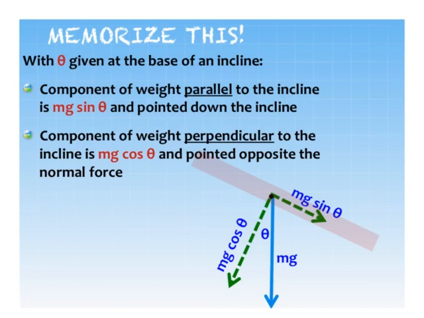We should always be planning to make theta be that base angle, and we need to memorize that mg sine points down the incline. That almost rhymes. Mg sine points down the incline, and mg cosine is what we're going to use to figure out the normal force and to figure out friction.